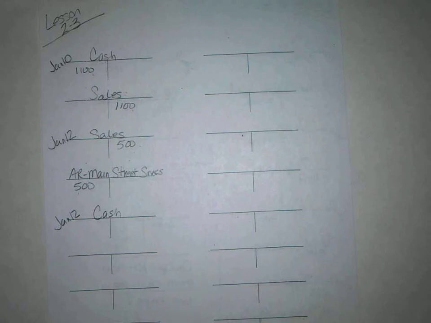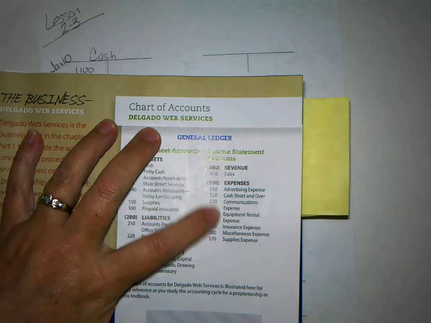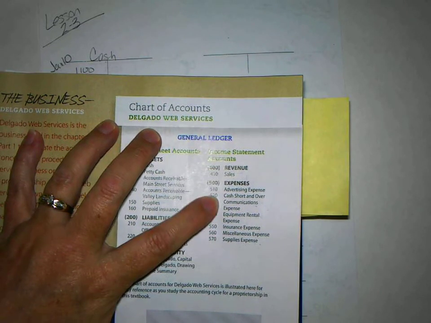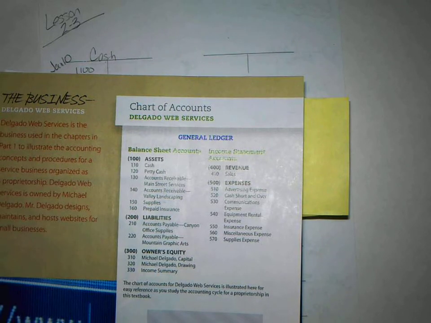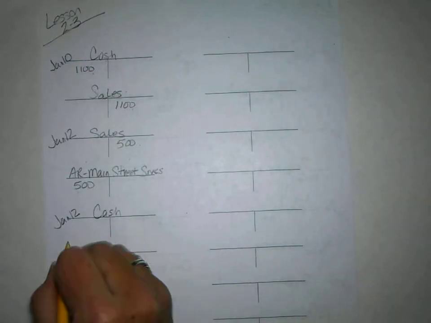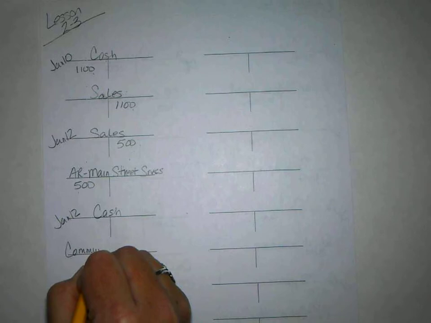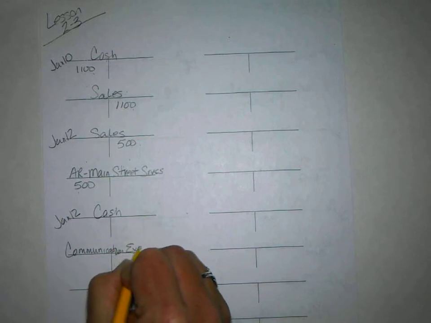Is it a utilities expense? If we go back to our chart of accounts, look at our expenses, right here, communications expense. Okay, again, we can't make it up. We have to use what is given to us by our accountants. So communication expense.